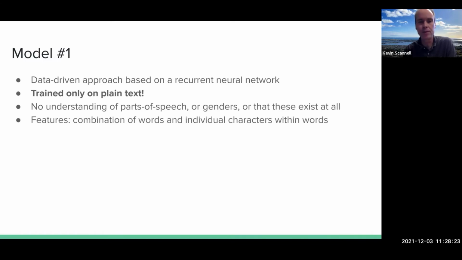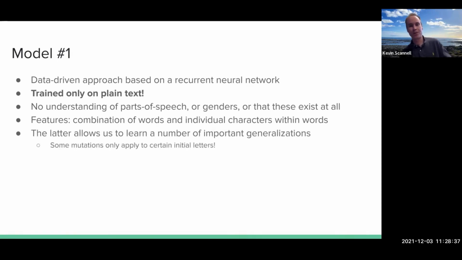The features that I feed into the network are a combination of the words themselves, but also, very critically, the individual characters within the words, which are critical for making these predictions correctly. For example, some mutations only apply to certain initial letters. By providing the individual letters to the model, it can learn those generalizations.